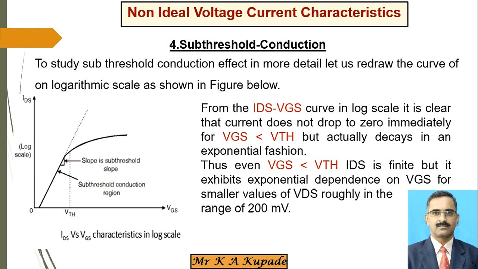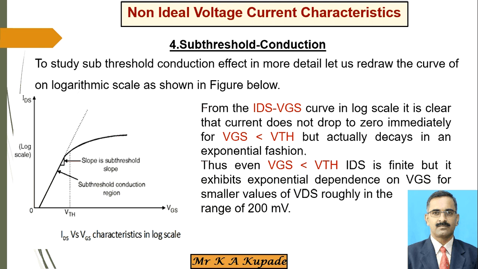That means even though VGS has not reached VTH, a small current is flowing, and this is due to the VDS voltage, which is considered up to the range of 200 millivolt, a small value. As VDS and VGS increase, and whenever VGS reaches VTH, then again a sudden increase in the current happens. We already discussed that.